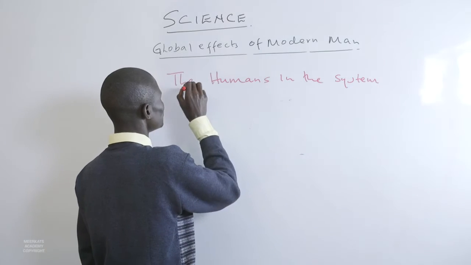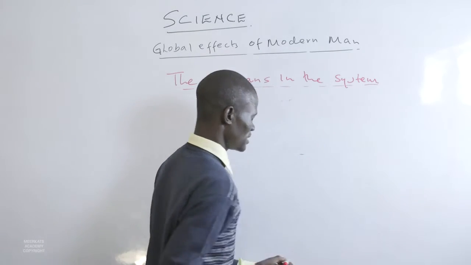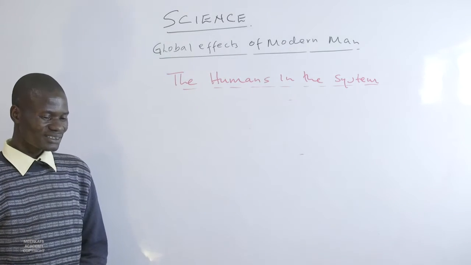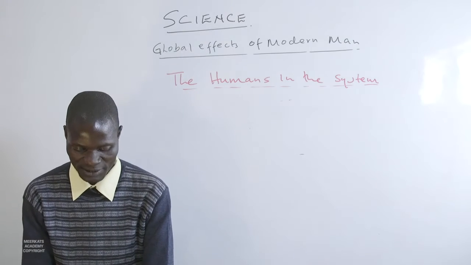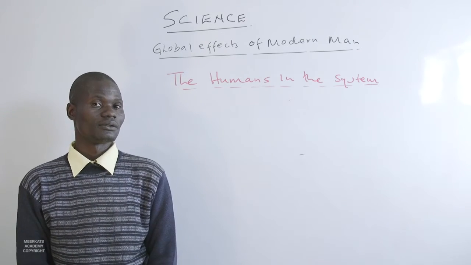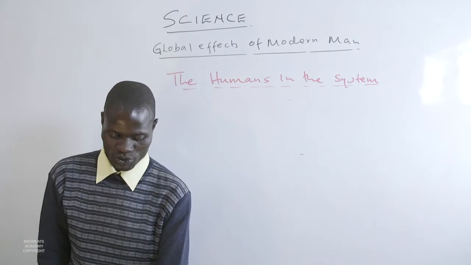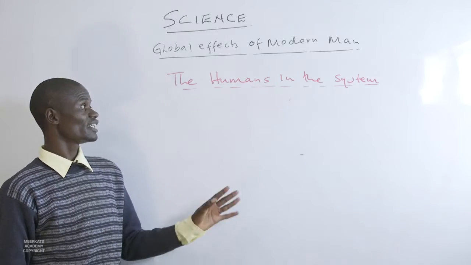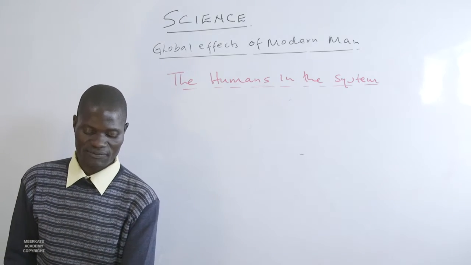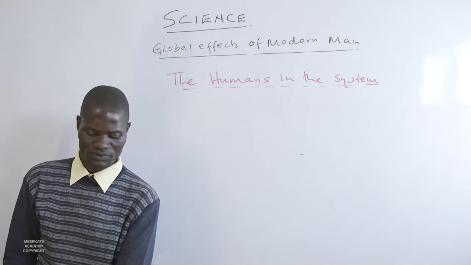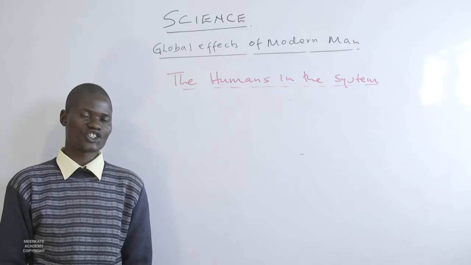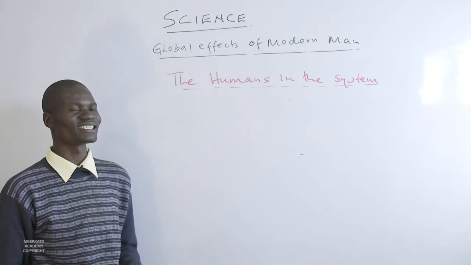What are these humans doing in the system? Because we have been looking at the system of biodiversity. That is good. After looking into various ways of preserving and conserving the soils, it is the responsibility of these humans in the system.